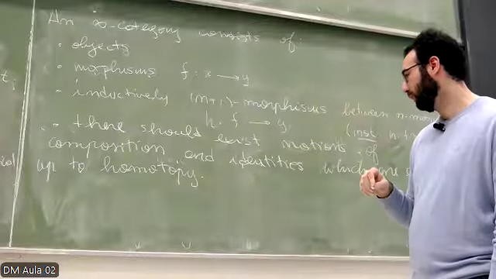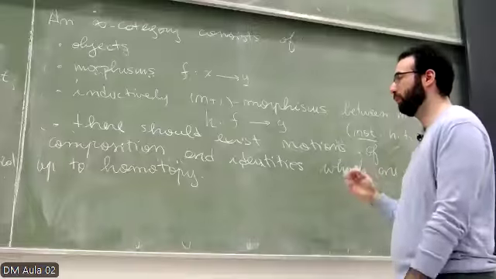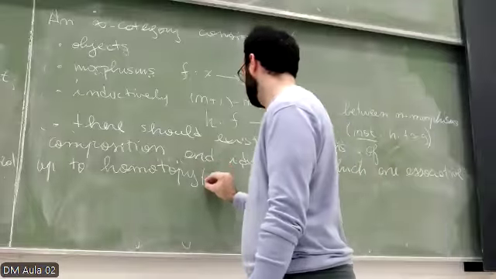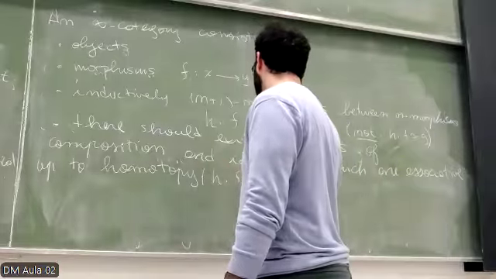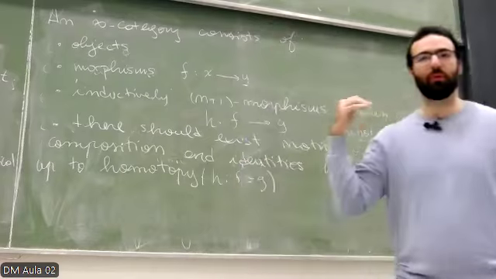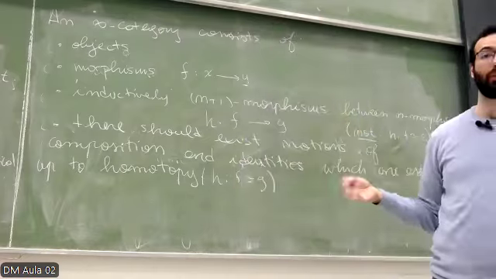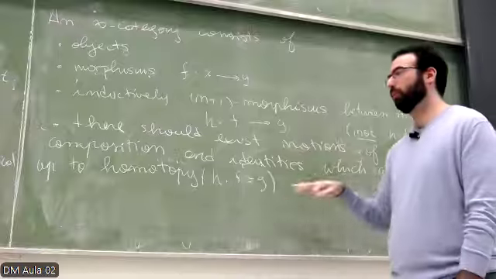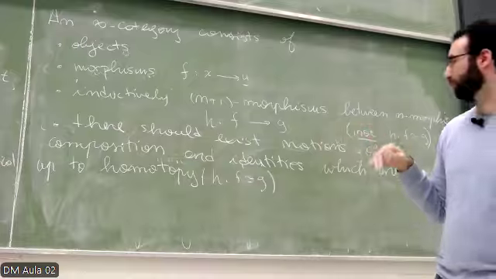Okay, and we can define that two morphisms are homotopic if there exists a morphism in a higher level connecting them. I will make this more concrete in an example in a bit.